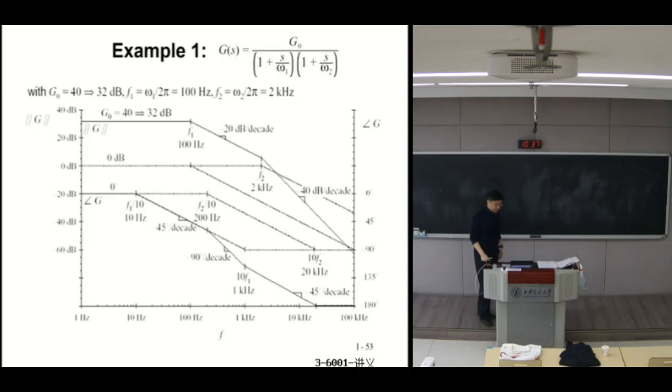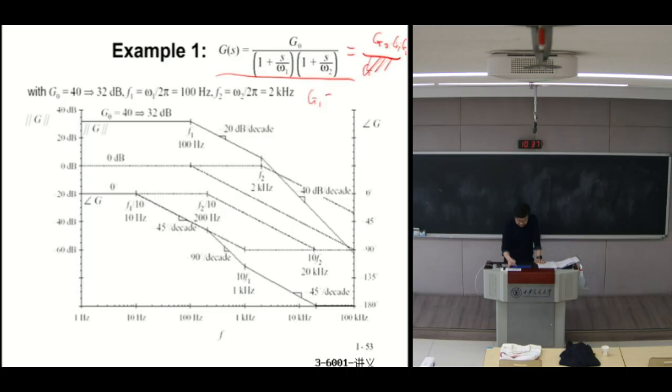So for example, if I have an overall combined transfer function like this, it can be considered as G0 multiplied by G1 and G2, where G1 is 1 over 1 plus S over omega 1, and G2 is 1 over 1 plus S over omega 2.